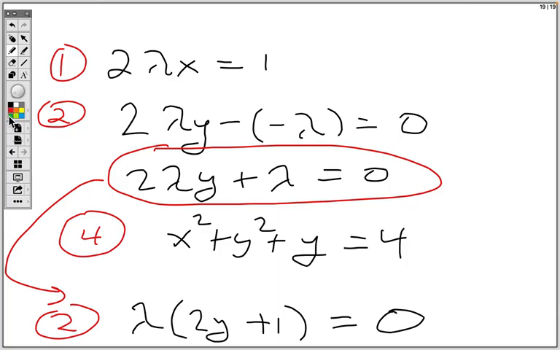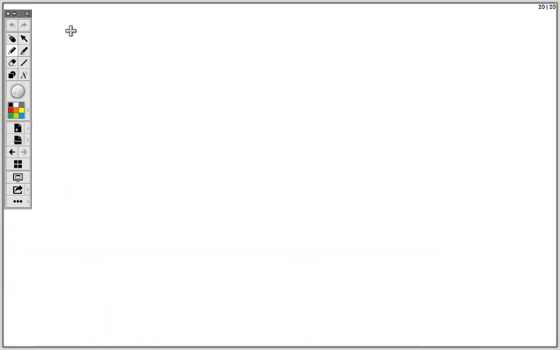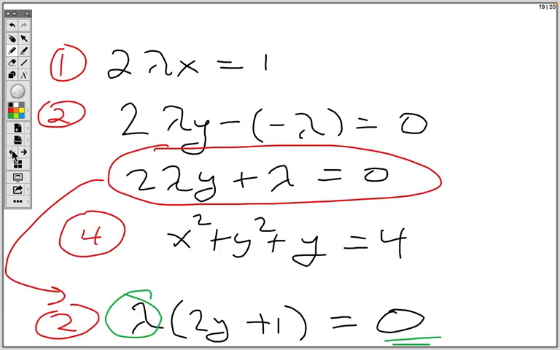Case 1, lambda could be 0. What would case 2 be? Yeah, y be minus a half. Good. So run down case 1.